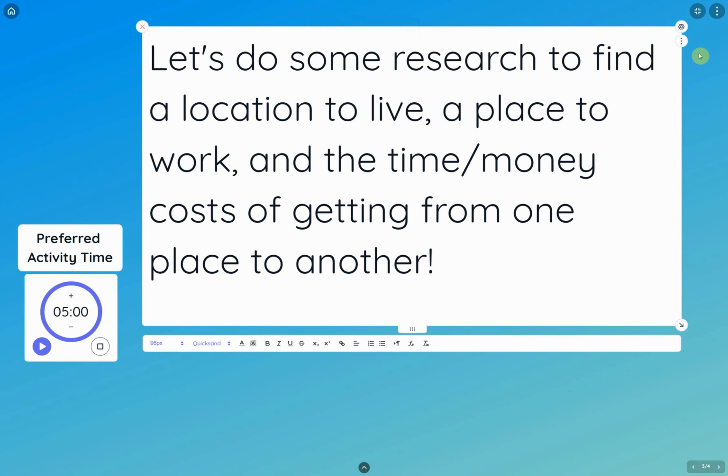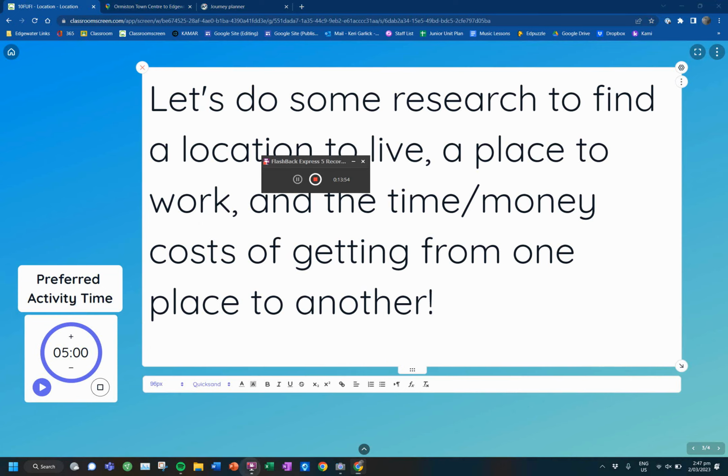And then with that information, figure out the cost of your time and your money to get to and from work and make a decision on how we are going to get to and from work.